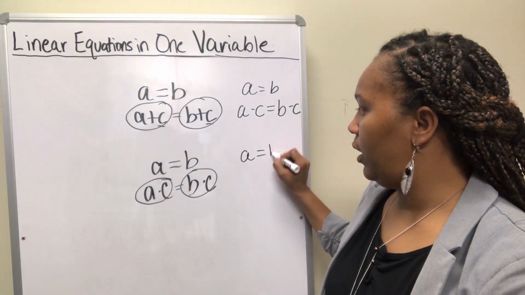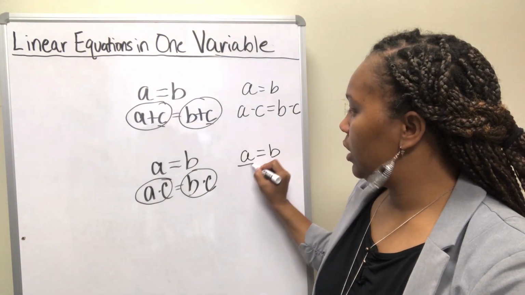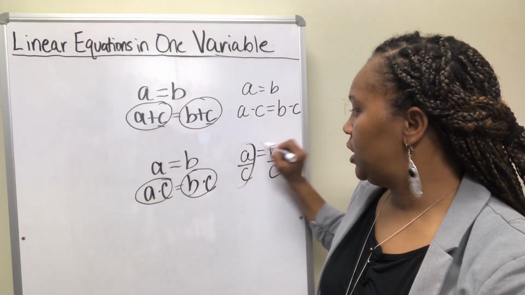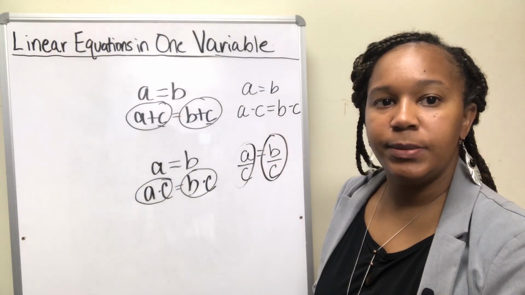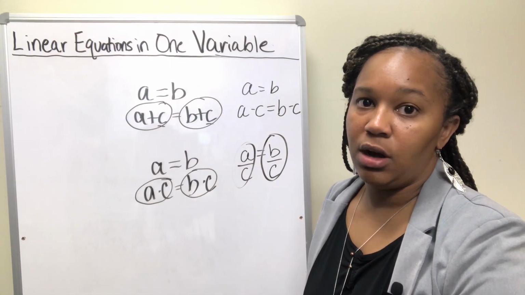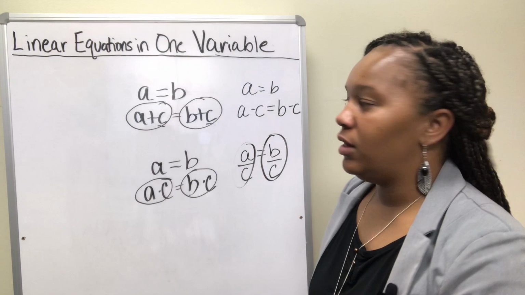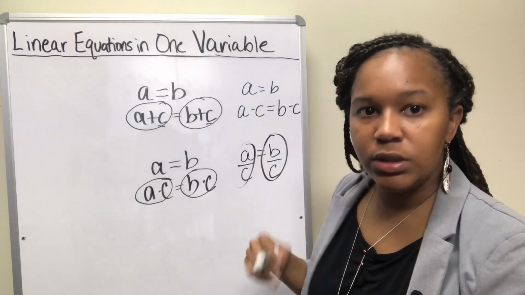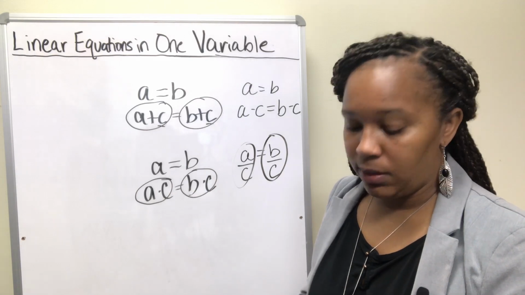So if you have A equal B, you can divide both sides by C, and A over C is still equal to B over C. Using these principles, you can solve linear equations in one variable. They are the concept of whatever you do to one side, you have to do to the other side.